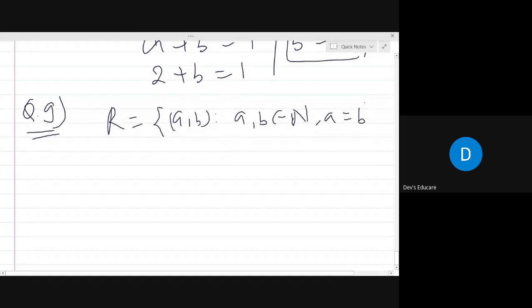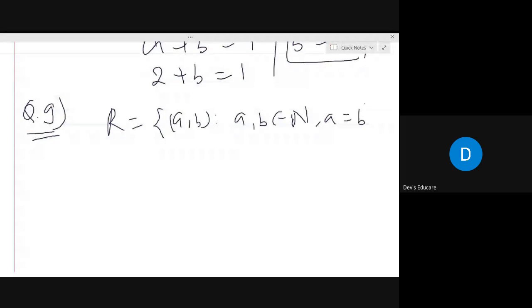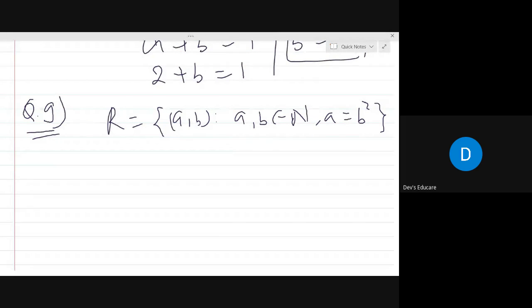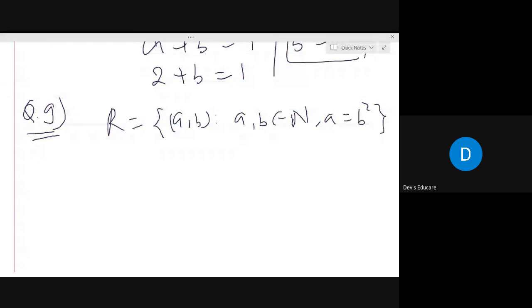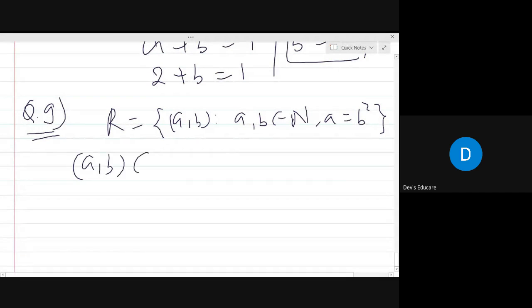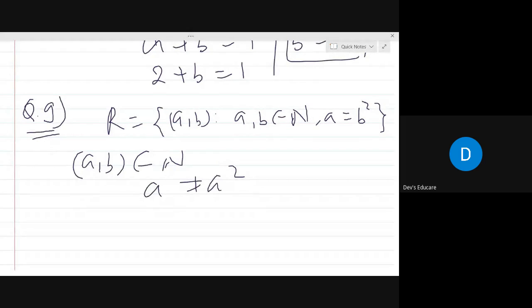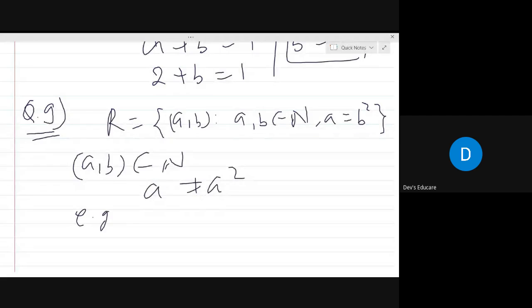Obviously a and b belong to natural numbers. So can a be equal to a squared? Let us take an example.